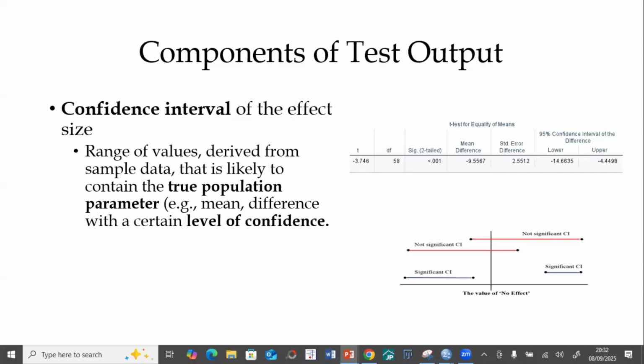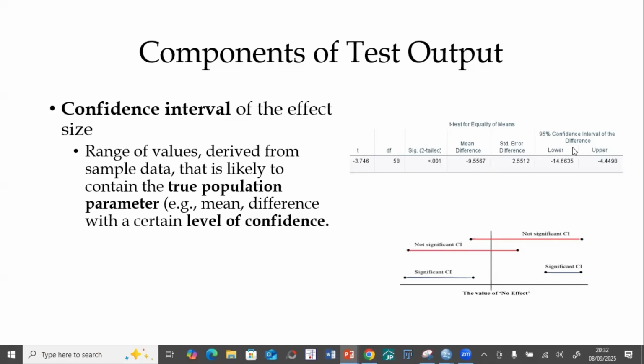What do we mean? We started with a population. We couldn't study the whole population. So we drew a sample that is representative of the whole population. We then set our hypothesis, went ahead and collected data, analyzed. Now we have statistics. Here we have an effect size, a mean difference of 9.5.